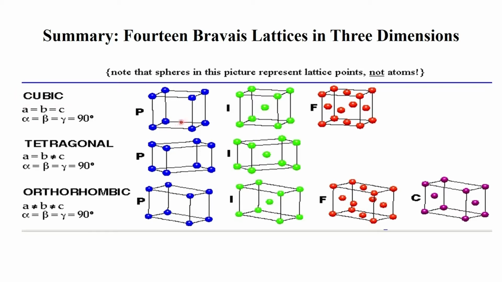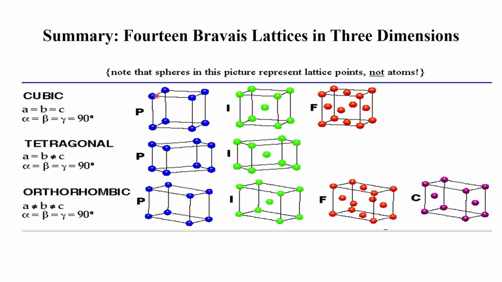In the case of the cubic system, we therefore have these points. These are the lattice points. Please note that these are lattice points and not atoms. There is always a confusion. So we should remember that we have not brought in any realistic atom or molecule in our discussion so far. So the points which are appearing here are the lattice points.